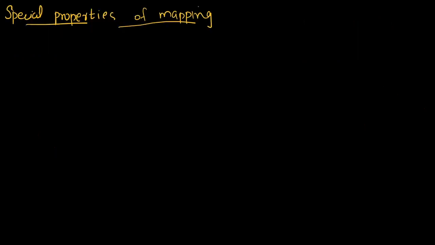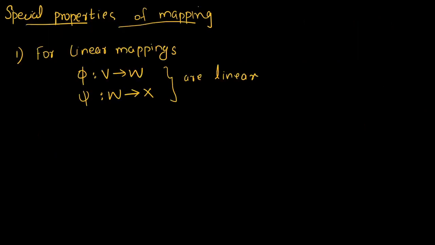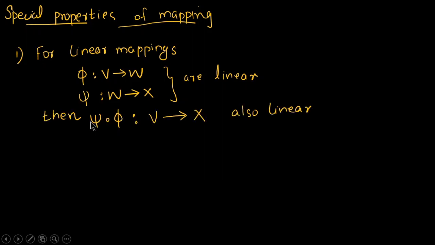Then, special properties of mapping. One: for linear mappings, if phi from V to W and psi from W to X are linear, then the composite transformation psi phi from V to X is also linear.